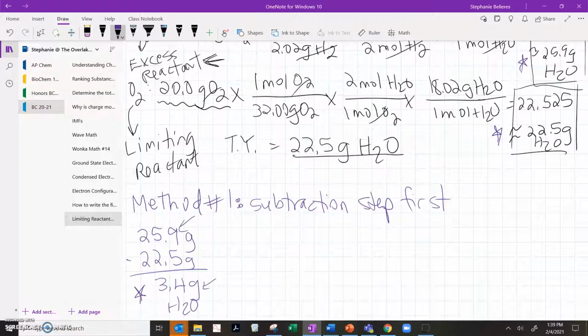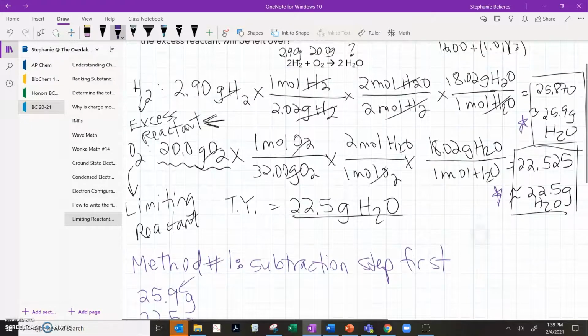So now my final answer, I'm going to do some additional manipulation of this 3.4 grams number. My final answer needs to be to 2 sig figs. So now that I know the difference in these 2 theoretical yields, I'm going to convert this amount of water back to grams of whatever substance was in excess, which in this case is hydrogen.